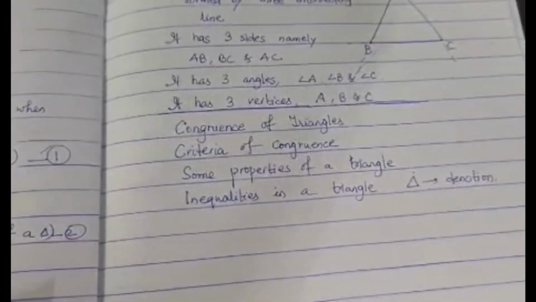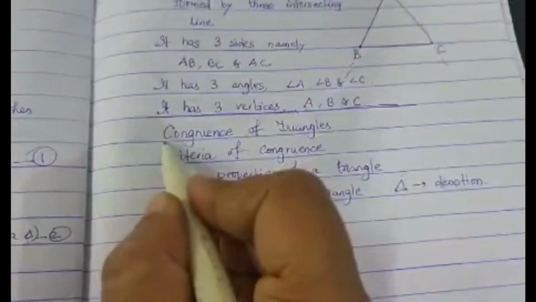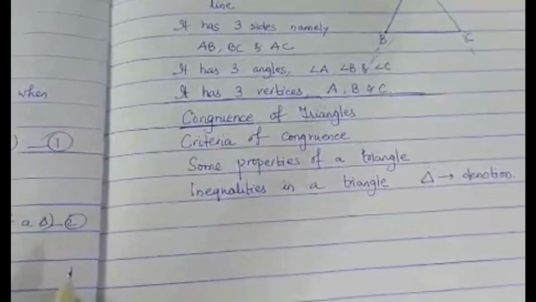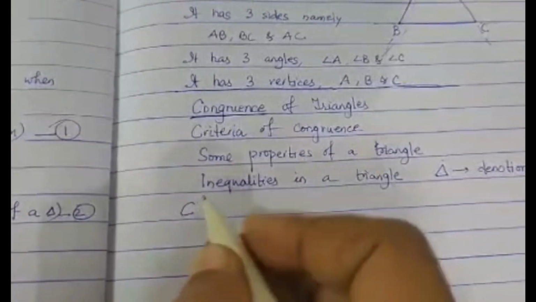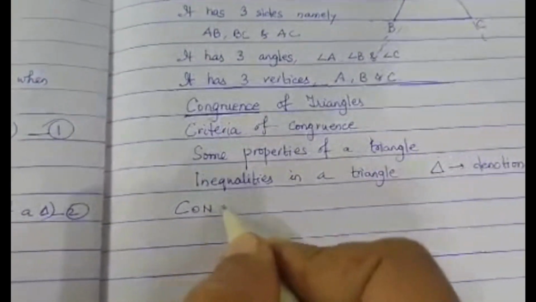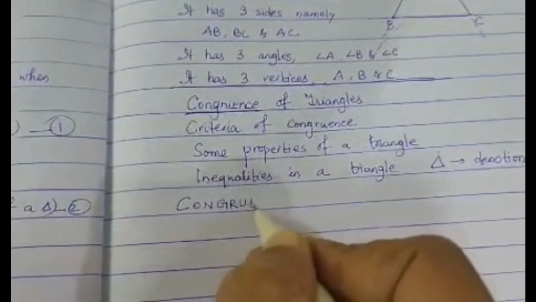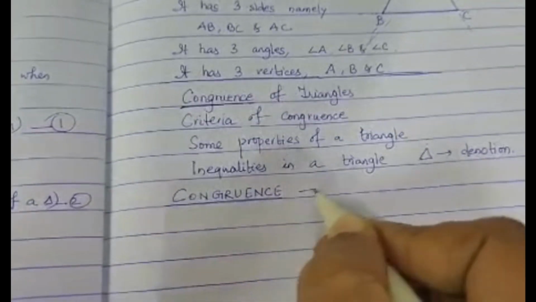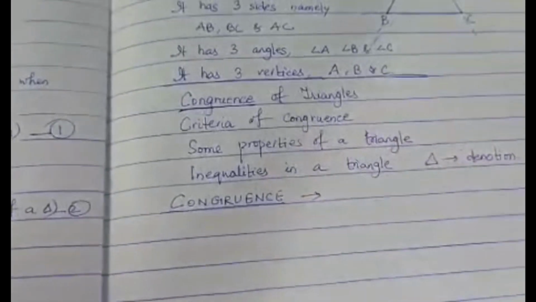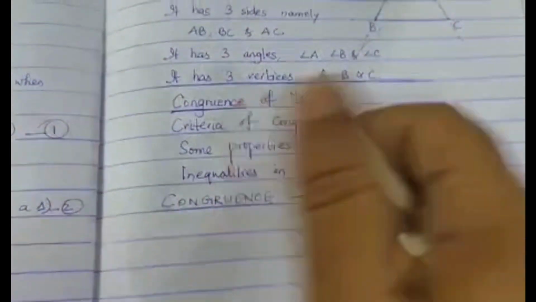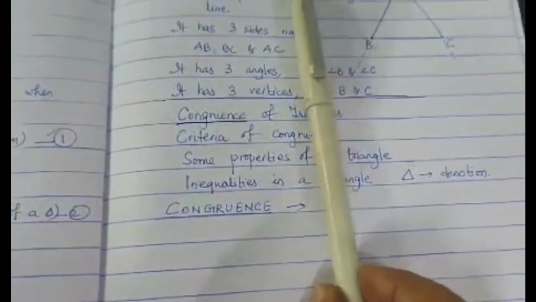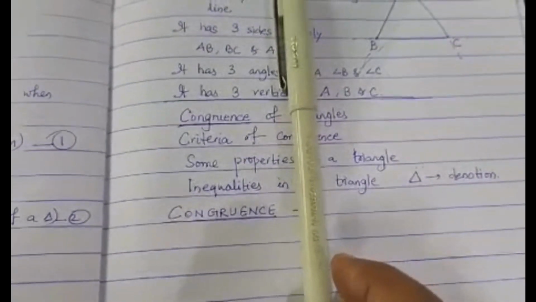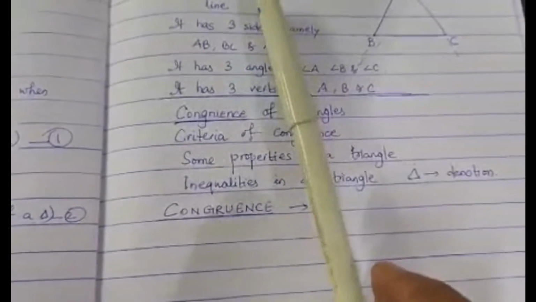Now first of all, you have to understand what you mean by congruence. All right, so let us understand it. Congruence, its meaning is, suppose you are having two pens like this, exact two pens, meaning looking identical. So these are called congruent figures.